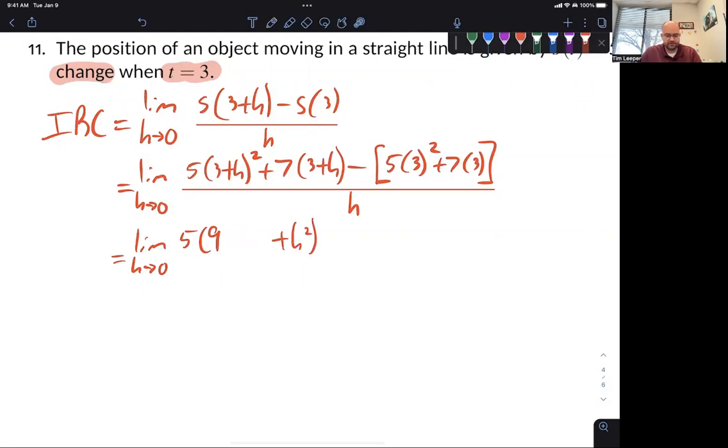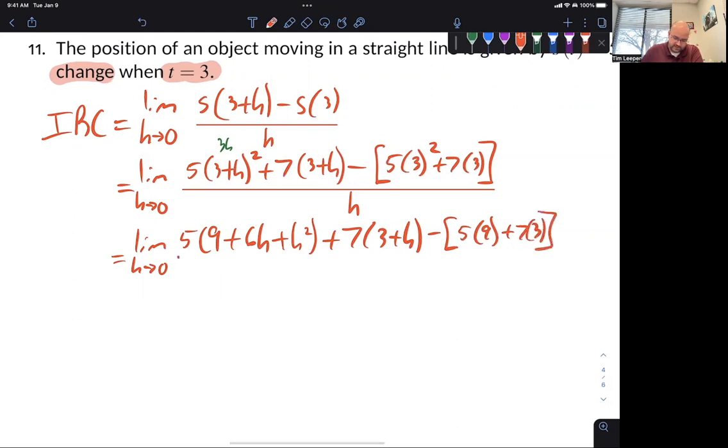To get the middle term here, 3 times h is 3h, and then double that, that gives you 6. So that's a plus 6h there. And so the plus 7 times 3 plus h, and then minus all of this over here. So it's 5 times 9 plus 7 times 3. And then all of that will be divided by h.